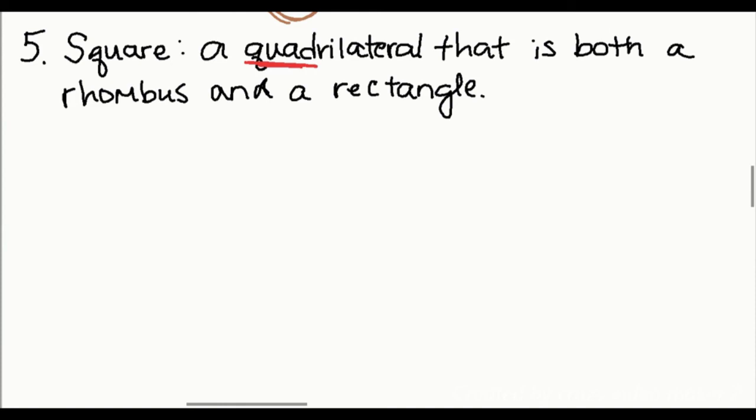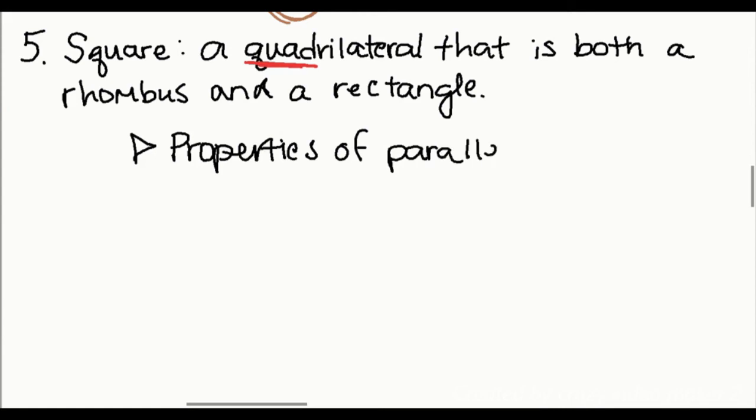You can also say it has the properties of a rectangle. And you can also say that it has properties of a rhombus. So everything you've written down about this parallelogram and this rhombus can be applied to a square.